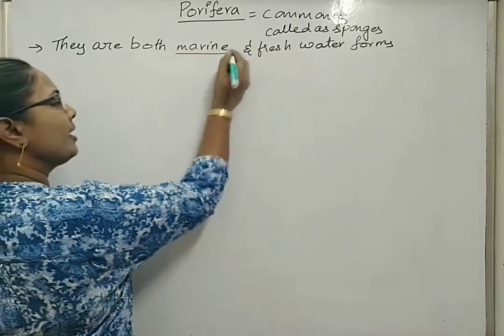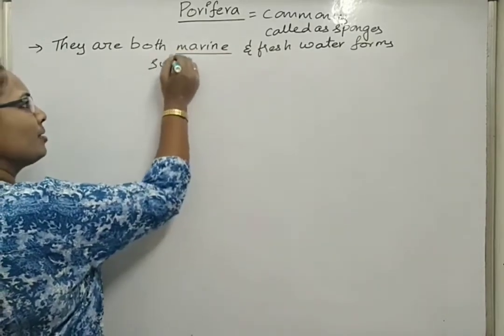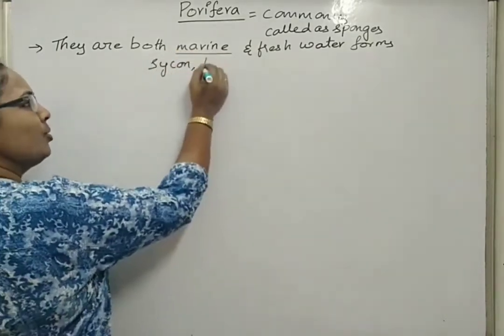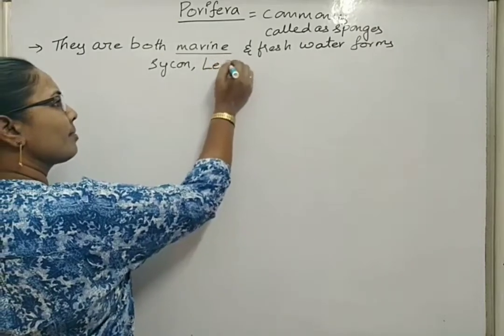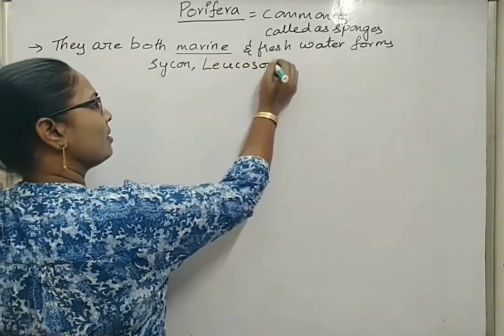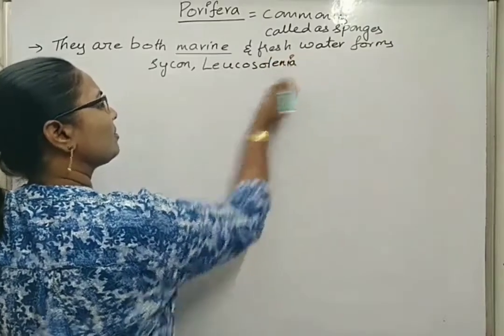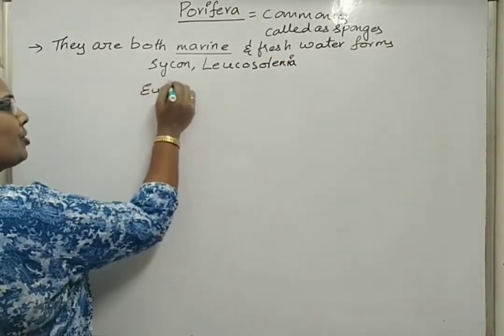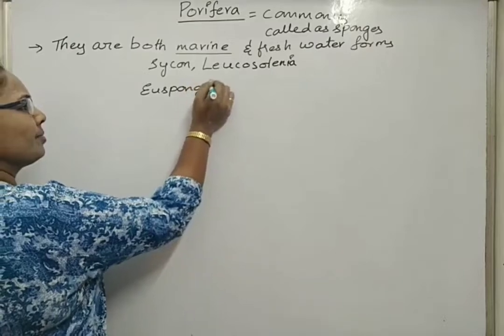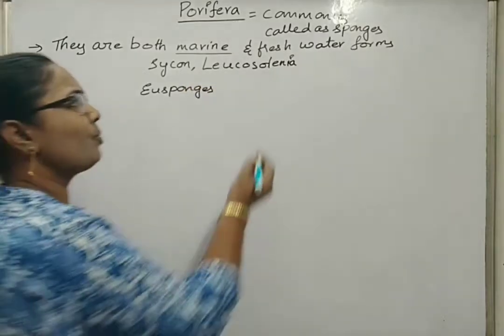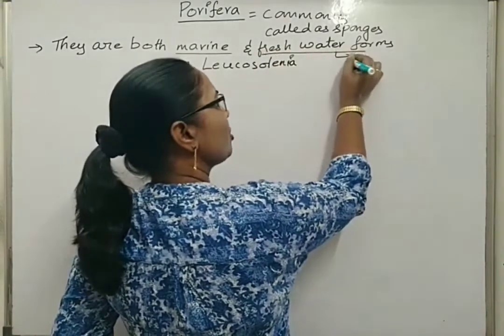Under marine, we can take example like Cycon, Leukocylenia, and also Euspongia. Under freshwater form of sponges, we can take Spongilla.